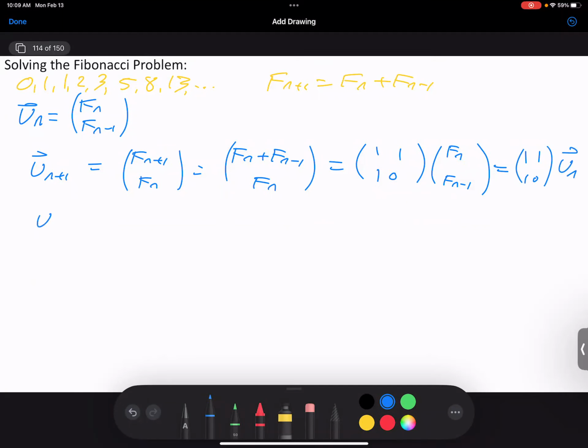times the vector Vn. So we get Vn plus 1 is just, let's call it AVn, which would be A squared Vn-1, and so on. So how many powers of A do I have when I'm hitting V1?